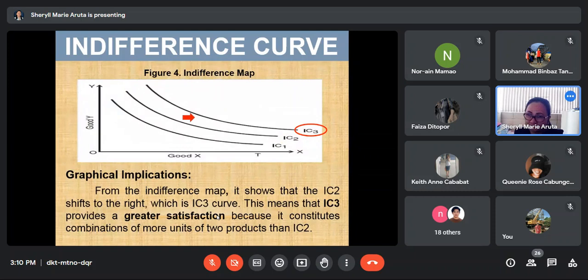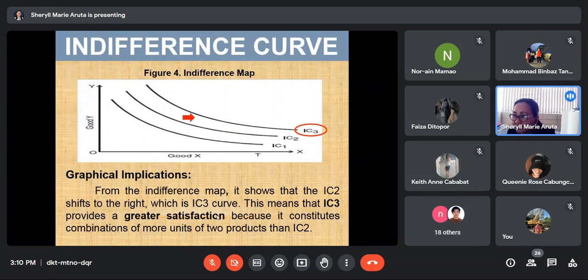From the indifference map, you can see that indifference curve 2 is our base. If we are going to use indifference curve 2 as the base, there is a shifting to another indifference curve, labeled as indifference curve 3.